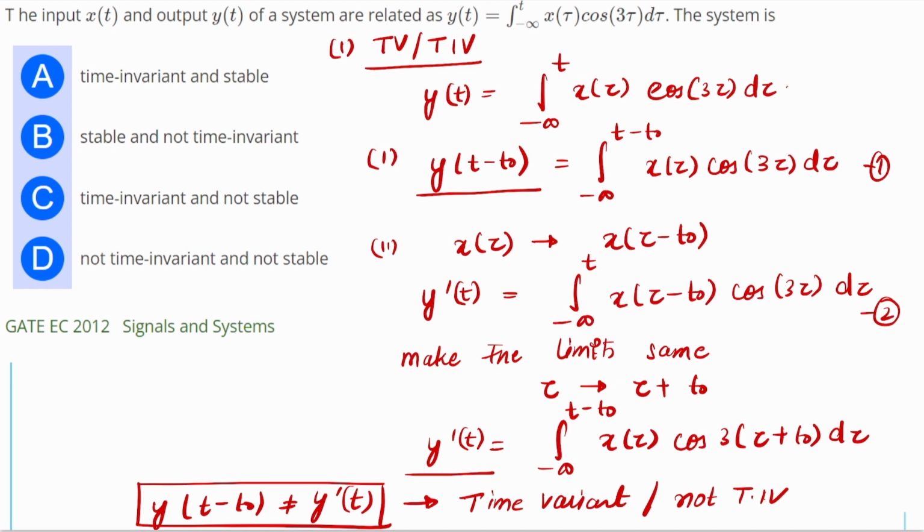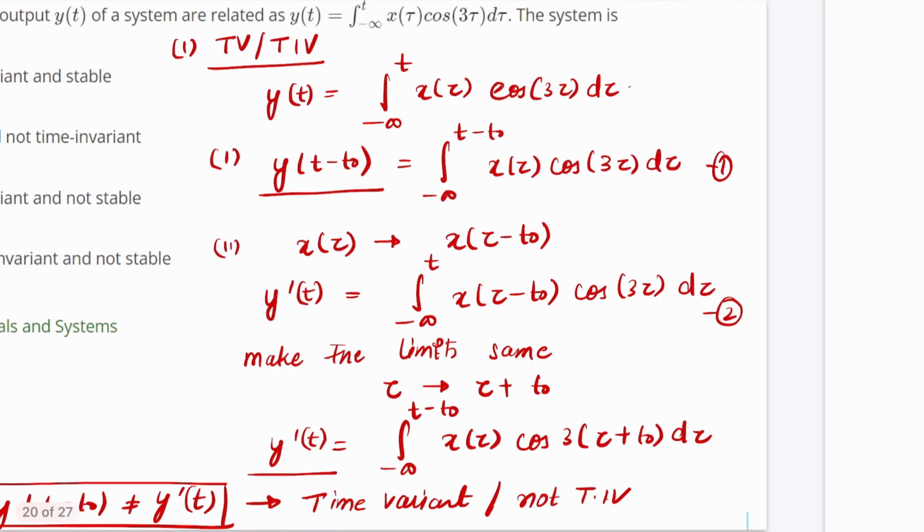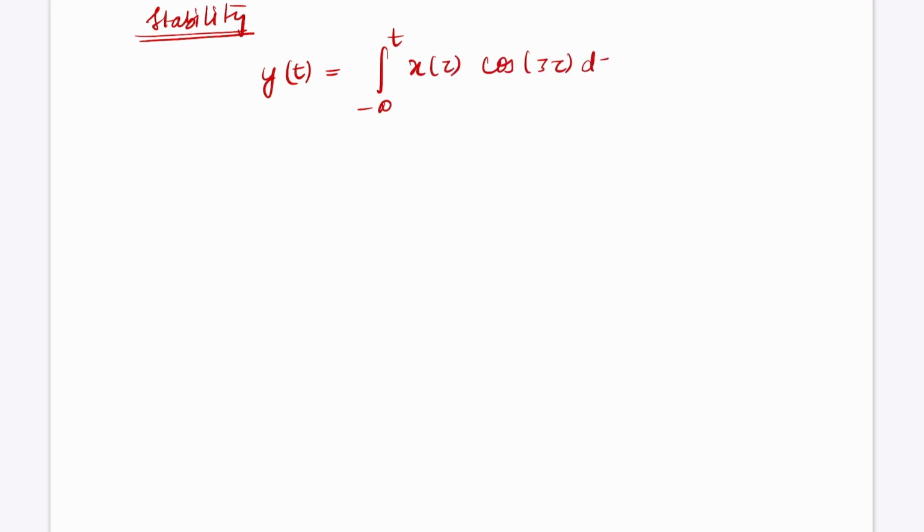Now we have to check for the stability of the system, right? Stability. y of t is given as the integral from minus infinite to t of x of tau cos of 3 tau d tau.